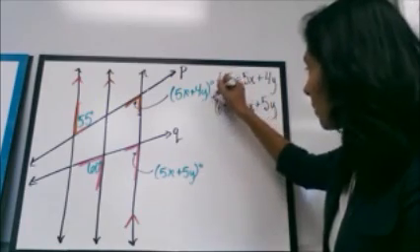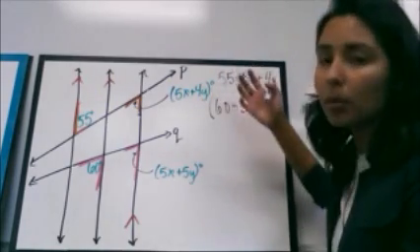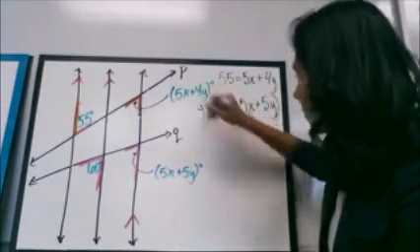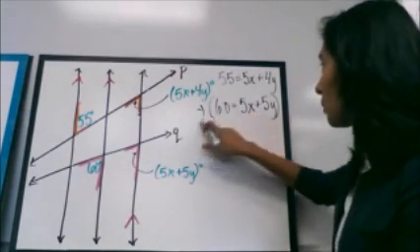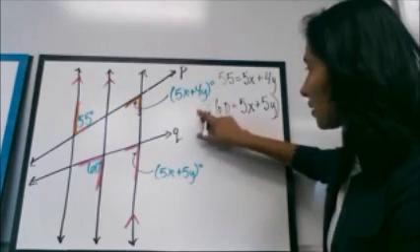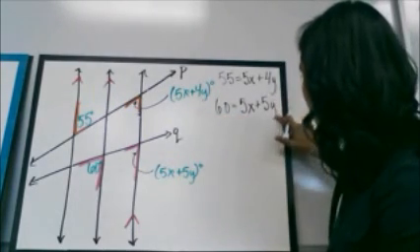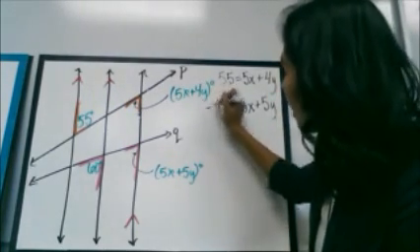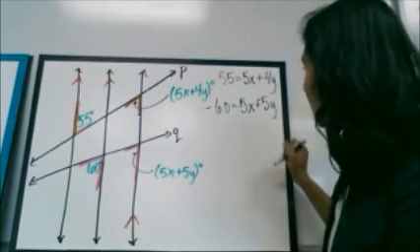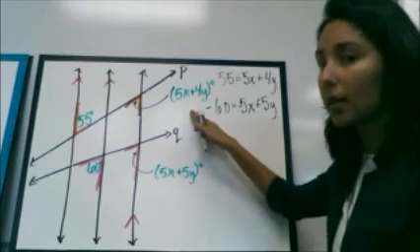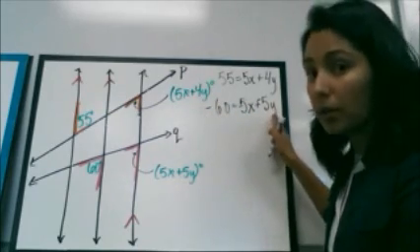So I'm going to multiply this bottom one here, or you could multiply the top one, doesn't matter, by a negative 1. When I distribute that negative 1 to the entire problem, I'm going to do it in the same step right here so I don't run out of room. I have a negative 60, a negative 5x, and a negative 5y. I just distributed the negative to the entire equation.